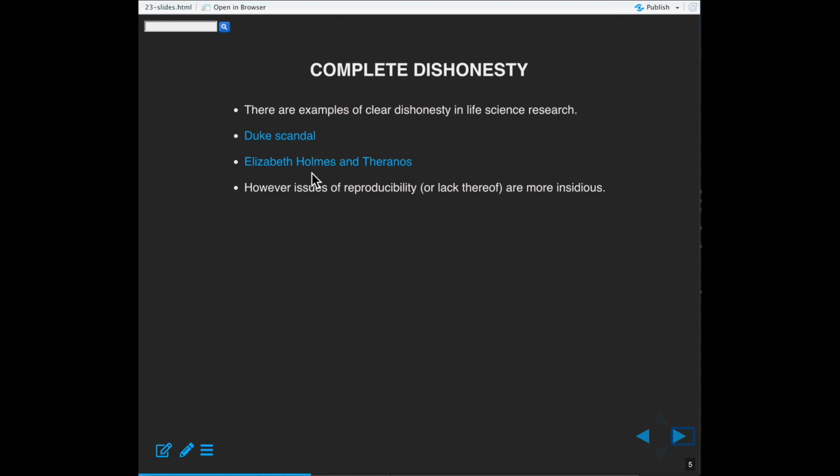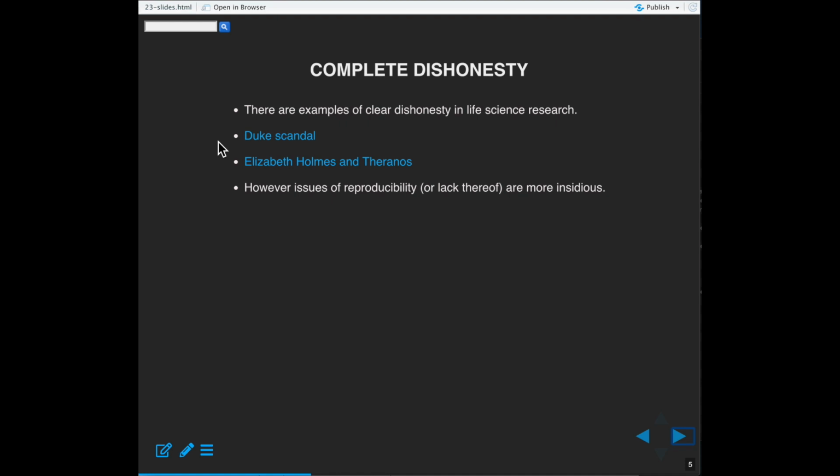Elizabeth Holmes and Theranos is more about biotechnology, whereas the Duke scandal is really more about bioinformatics, cancer informatics, and genomics. Now, certainly we need to hold the members of our community accountable for outright dishonesty.